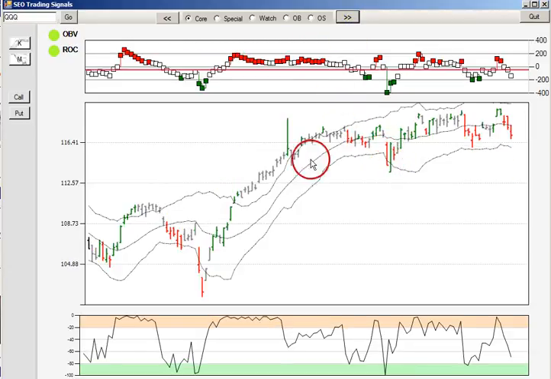This is the QQQ, 2 light green traffic lights, and the QQQ has not reached the minus 100. We don't have a green square on the CCI, nor has it bottomed out on the Williams. So just generally, I'd expect the Qs to head a little lower before it really gets into a signal area.